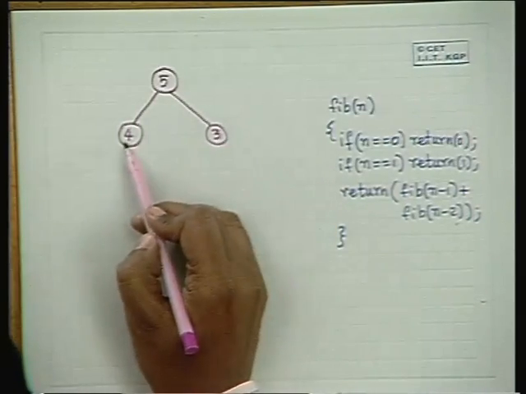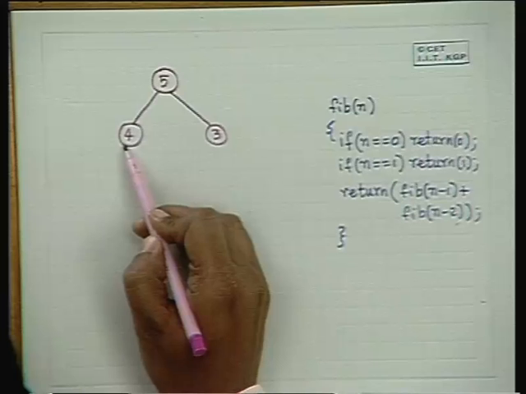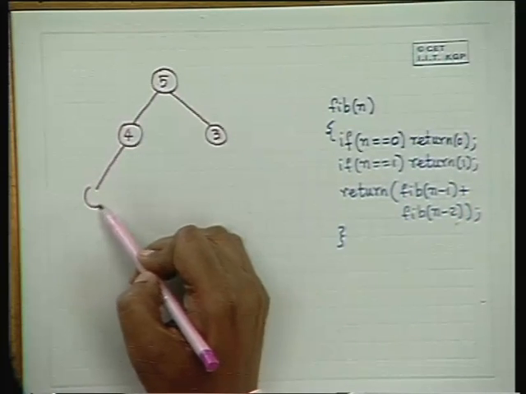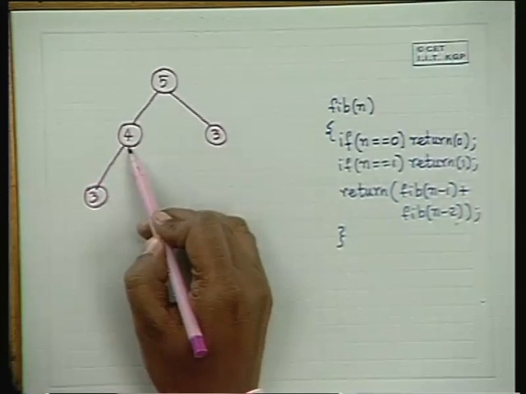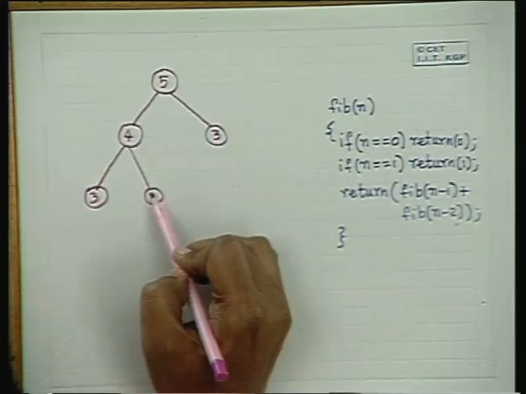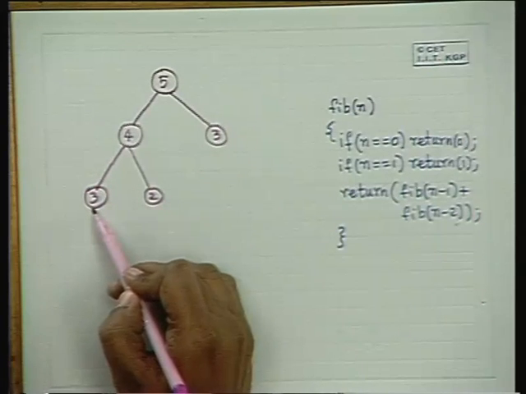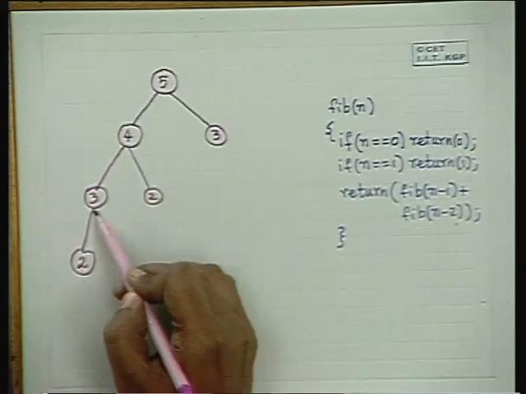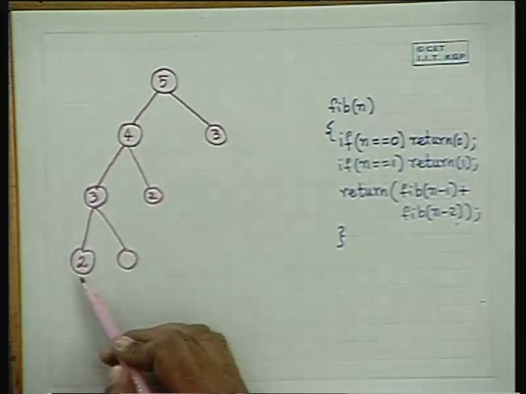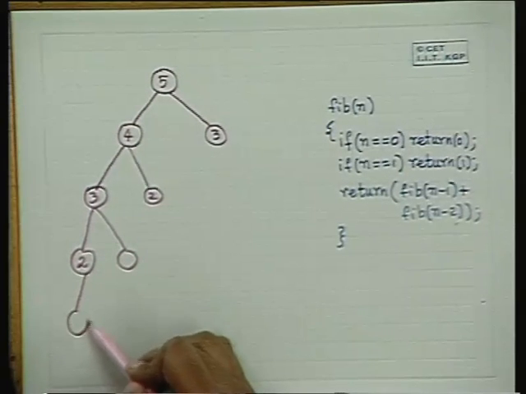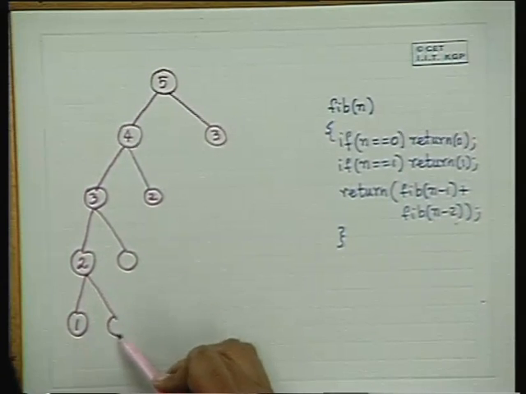Recursively, you will first solve 4 and then 3. To solve 4, you will solve 3, and after 3 you will come to 2. You will solve 2, then you will solve 1. Then for 2, you will solve 1 and 0.